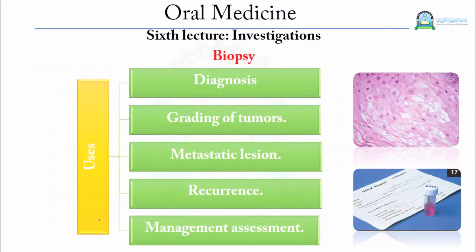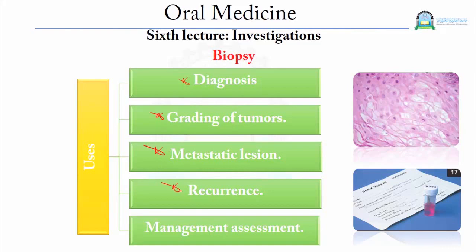The uses of biopsy. We use the biopsy to reach the final diagnosis. Also, we can use the biopsy for grading the tumor, whether the tumor is well differentiated or poorly differentiated. Metastatic lesions can also be diagnosed by biopsy.